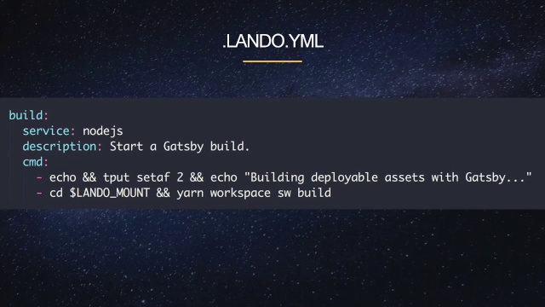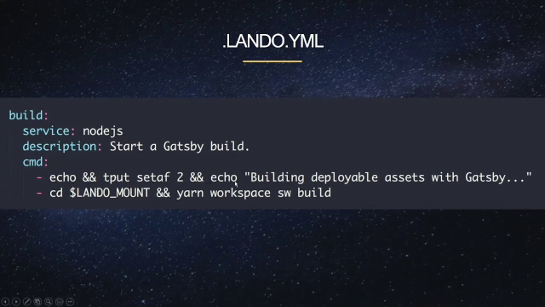It's sort of the big thing with Gatsby. You get a static HTML build of your site with some React goodness put on top of that to add some performance and usability enhancements.